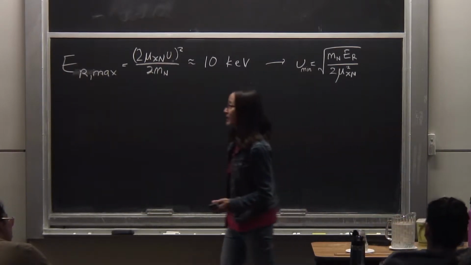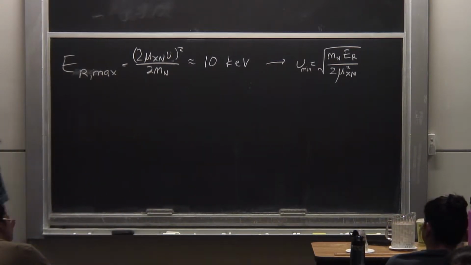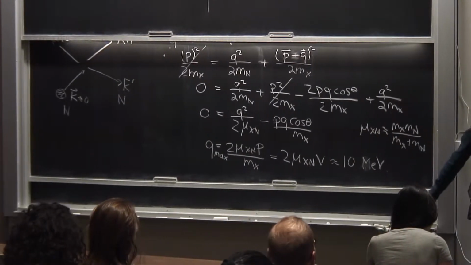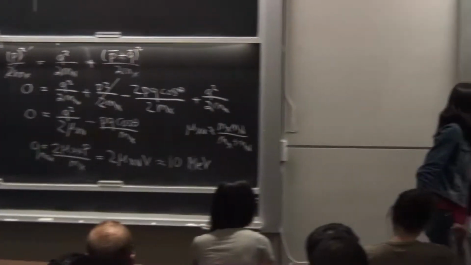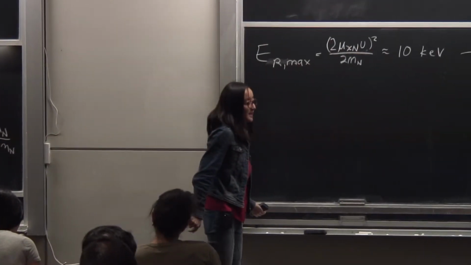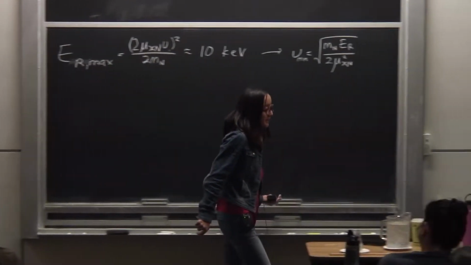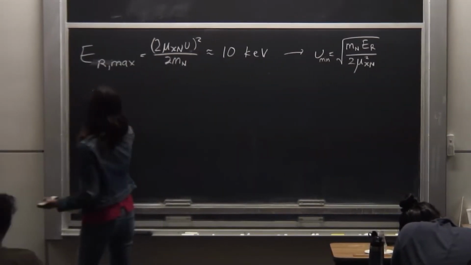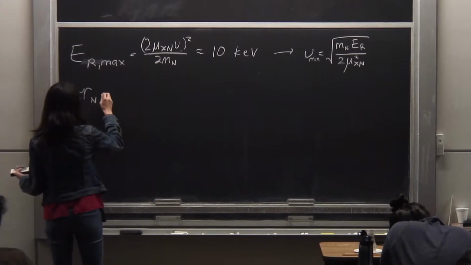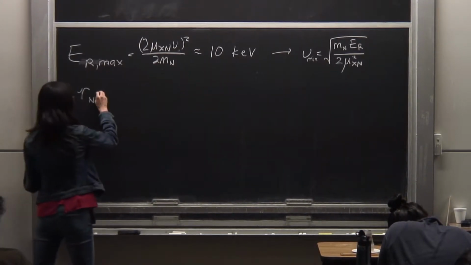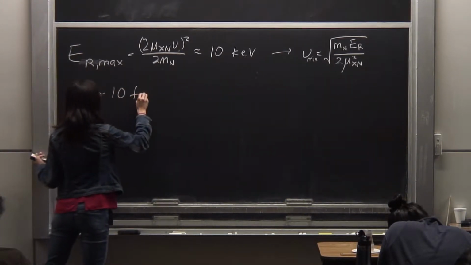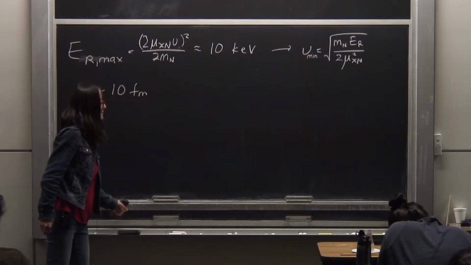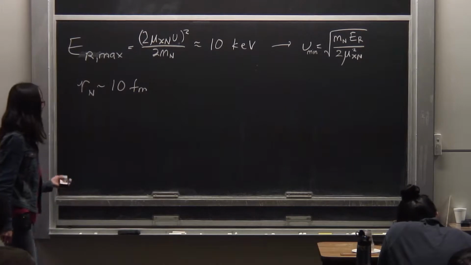Okay, let's see what else these estimates have told us. We look at this maximum momentum transfer, about 10 MeV. We can compare that with the size of a typical nucleus. There's a big scaling with the atomic number, but let's just write it this way for something with A of order few tens.